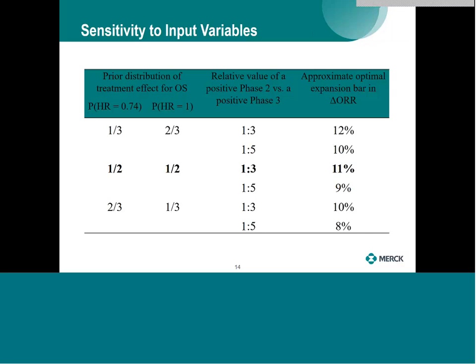We use 1/3 as a base assumption, and we also tried different numbers like 1/5, etc. And as you can tell, the approximate optimal expansion bars change accordingly in the direction you expected. But in general, it looks like a 10% difference is something that you should observe in order to make a good decision. And this bar is reasonably insensitive to those parameters.